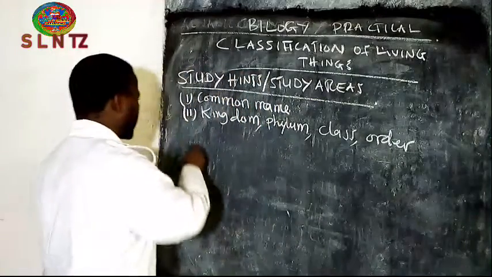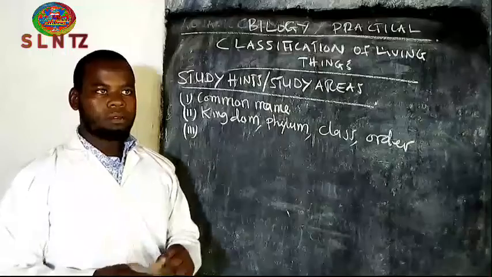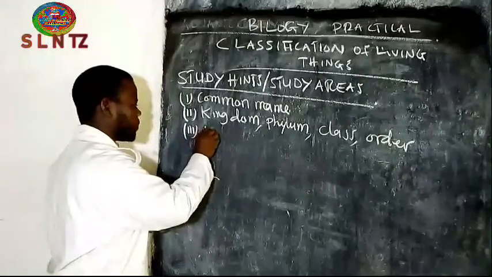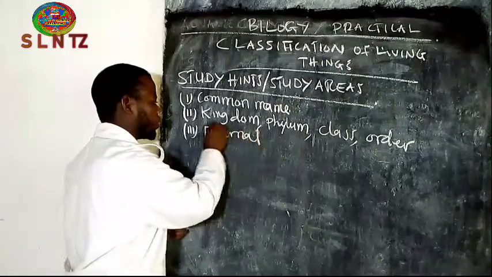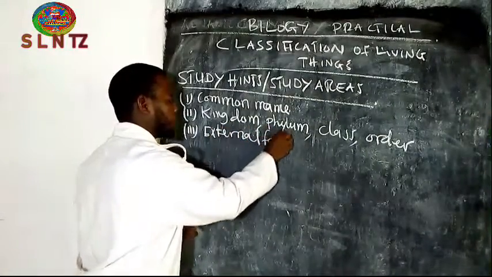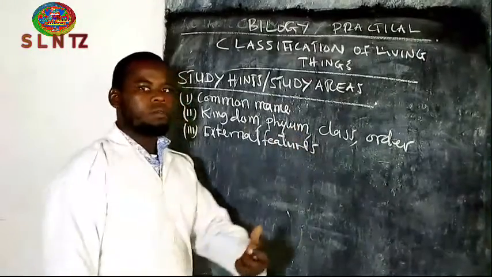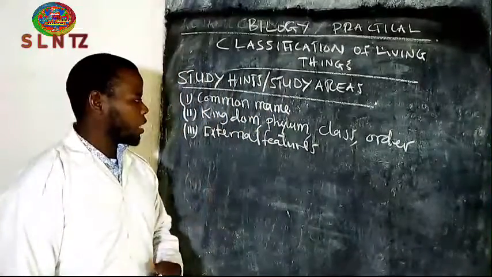That is number 2. Number 3, another area to study, you have to study the observable features, external features. External features of a certain organism you have to understand, you have to study.